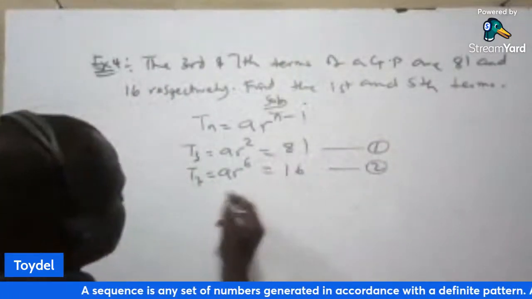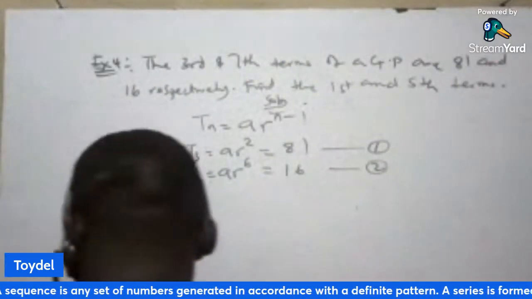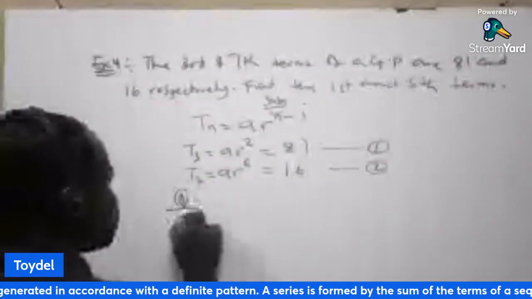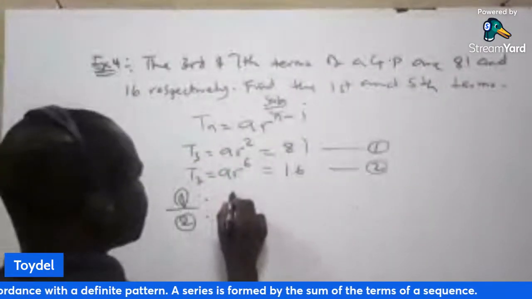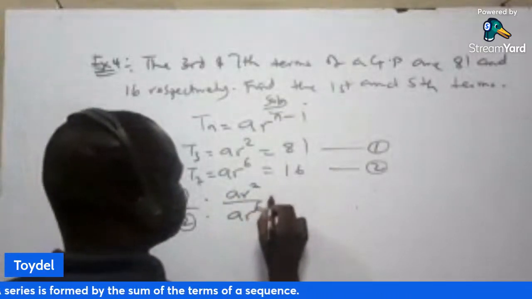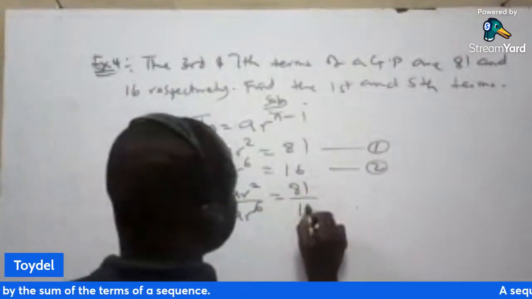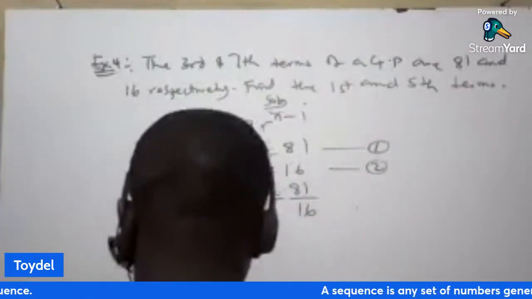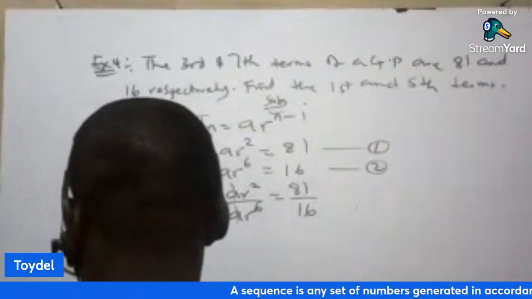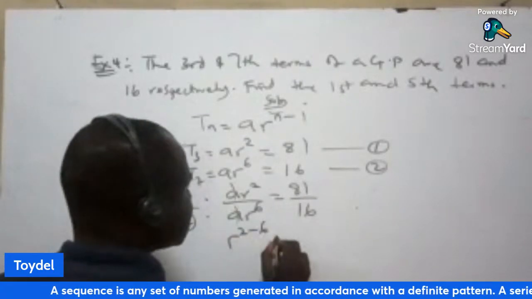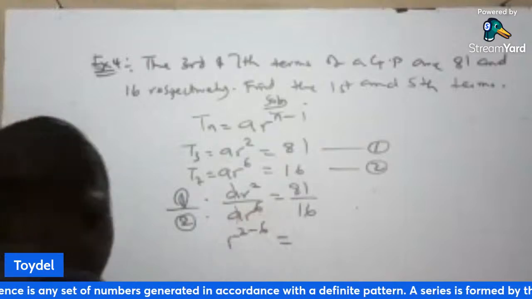There are two equations. What can we do here? There are two equations and two variables. So let's divide equation 1 by equation 2, because we have AR squared divided by AR raised to 6, is equal to 81 divided by 16. A can take care of A. Then here we are going to have R raised to 2 minus 6, by the law of indices.